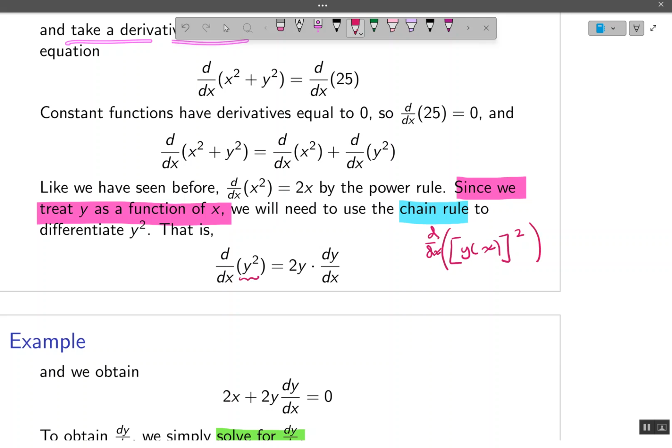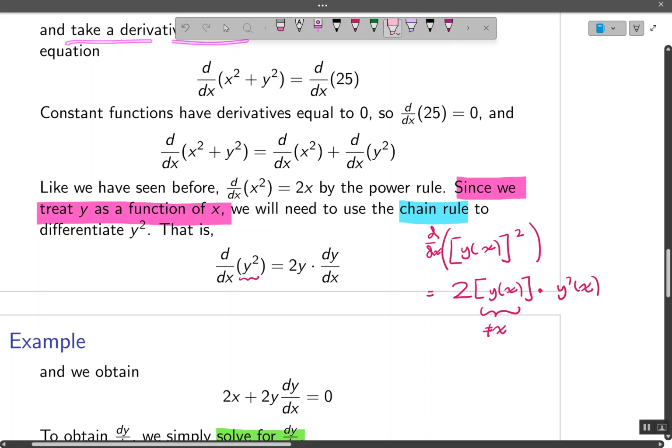So the derivative of something squared is 2 times that thing. And since this thing on the inside is not just x, I have to multiply by the derivative of the inside by the chain rule. This is using the chain rule.